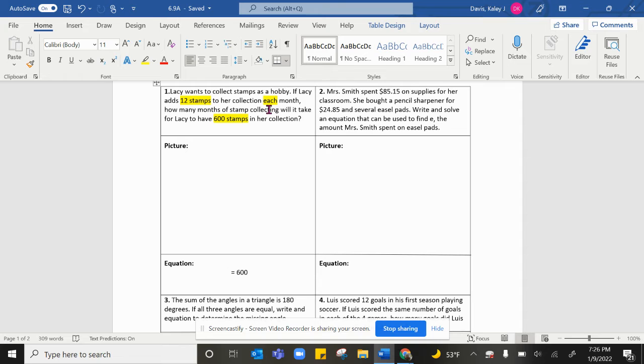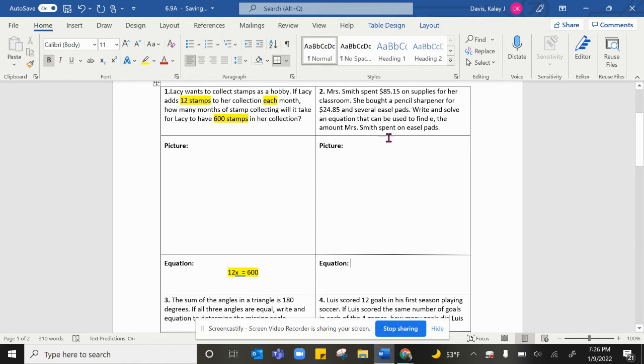Remember, a variable was your unknown, your letters. So I'm going to show multiplication by using 12, and in this case, let's just use x. Now I have successfully written my equation. It's equaling a total amount, it shows multiplication, and I make sure I have my equal sign because that's what makes it an equation.